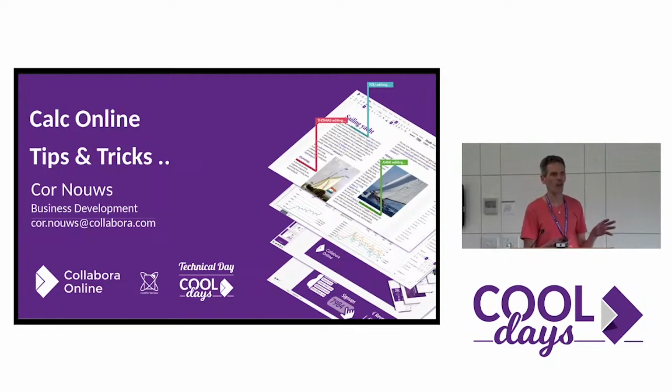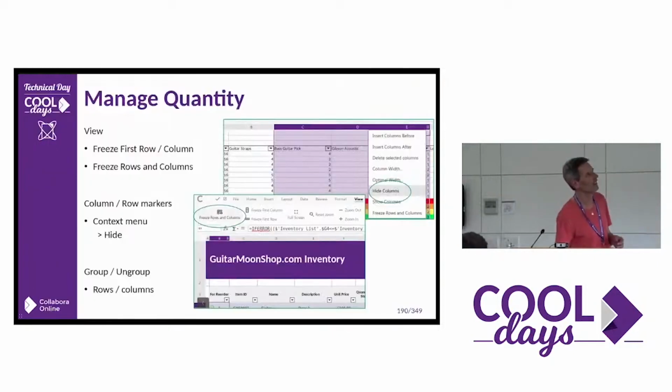It's wonderful that many of the tips that I have are covered by improvements that we are told about today and probably tomorrow. Calc. When you talk about spreadsheets, you talk about data and preferably a lot of data. And what's the challenge? Managing quantity. Group, ungroup rows and columns.